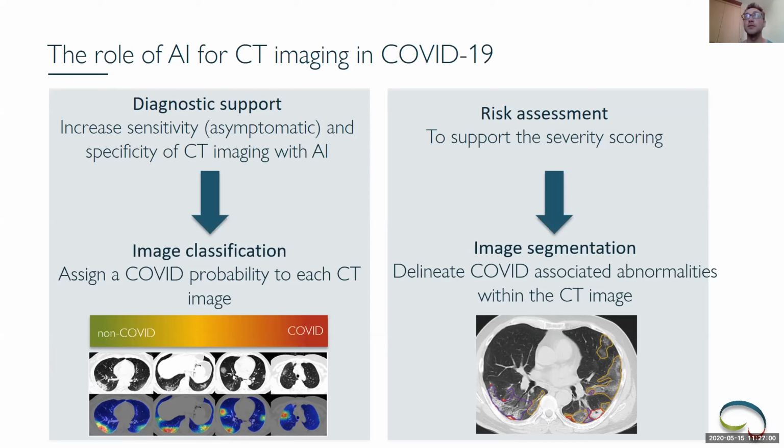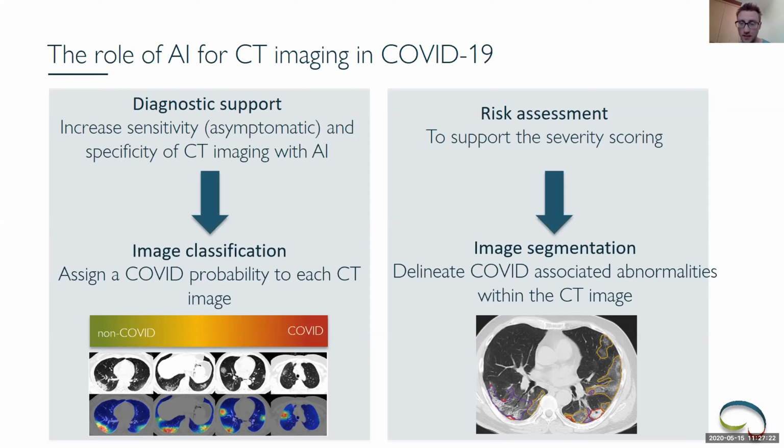The second clinical challenge is to have a better risk assessment. And I think there AI can help in supporting the severity scoring of the CT scan. This clinical question can be translated into a technological challenge, which is the segmentation of the image.